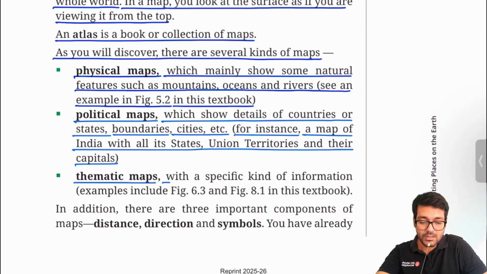Thematic maps with a specific kind of information. Examples include Figure 6.3 and Figure 8.1 in this textbook. Let's move to Chapter 6 and see Figure 6.3.